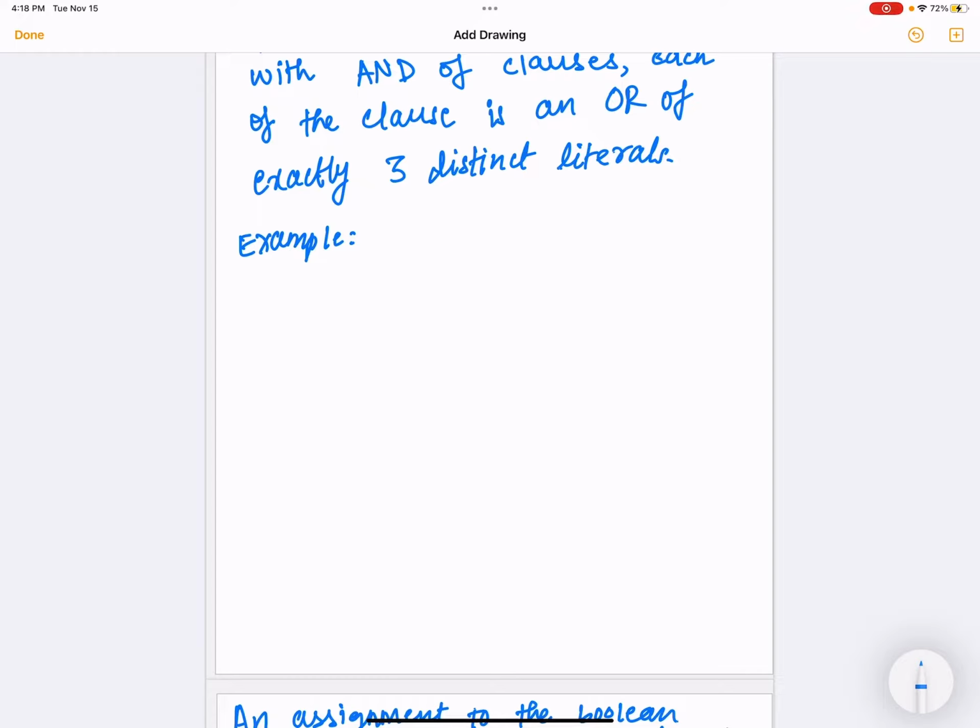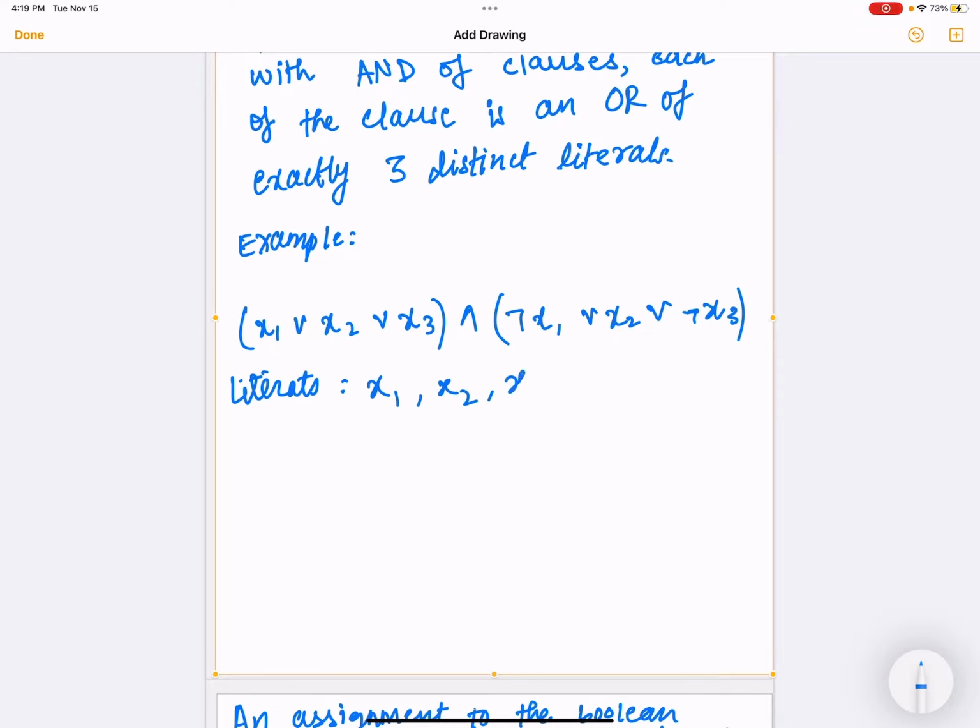So how does a 3CNF look like? Let's say there are three variables, three literals x1, x2 and x3. This is the first clause and then conjunction, then this is the second clause. So here literals are x1, x2, x3, negation of x1, negation of x2, negation of x3.